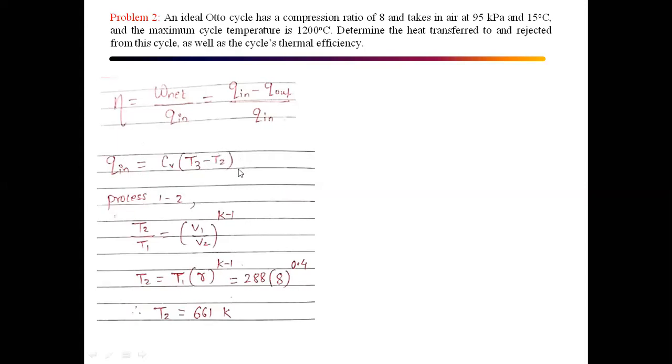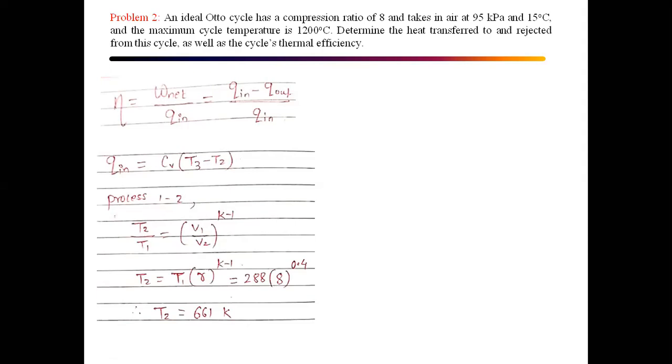To calculate the value of T2, the value of T1 is given. So use the equation for the process 1 to 2. Our process 1 to 2 is an isentropic process. For the isentropic process, the relationship between temperature and volume is T2 by T1 is equal to V1 by V2 raised to K minus 1.